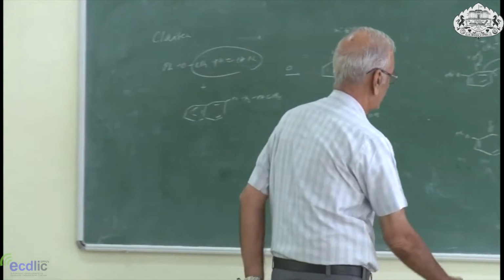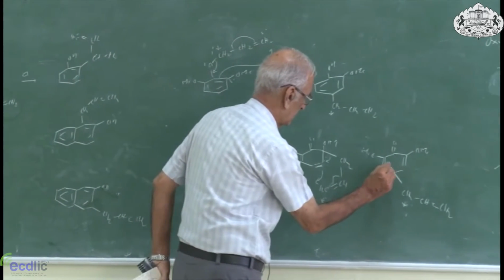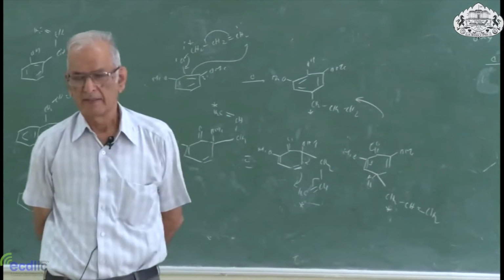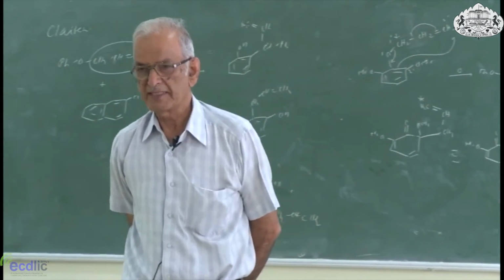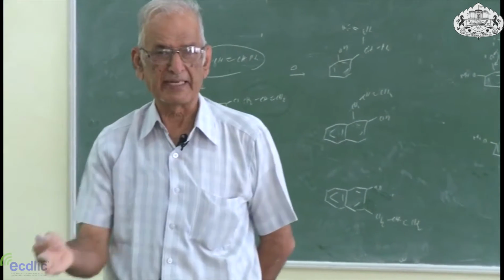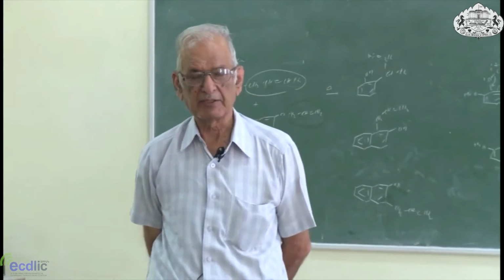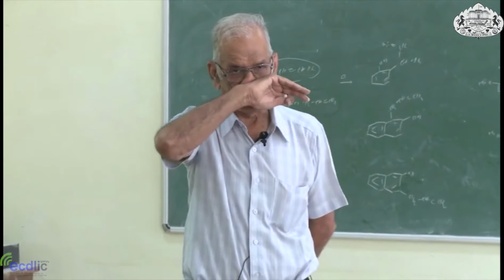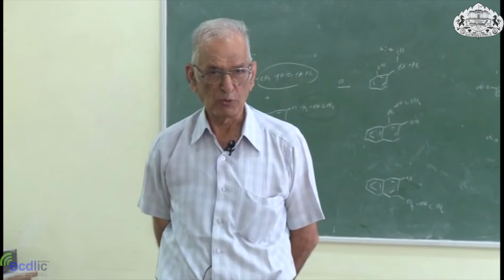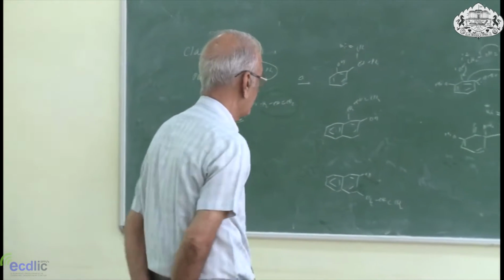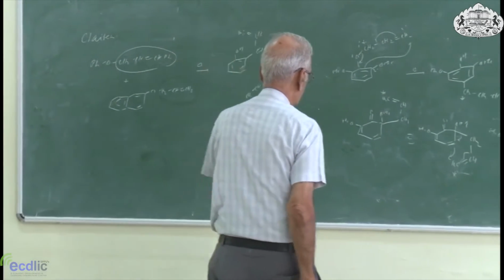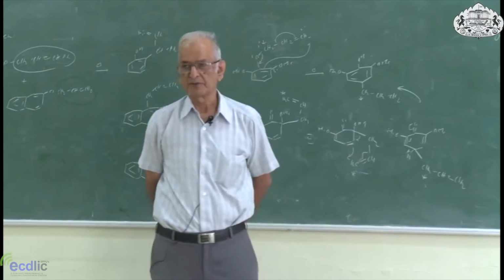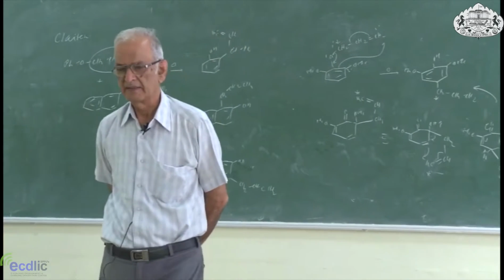So, the first step is a Claisen. It cannot become aromatic because both ortho positions are substituted. So, that intermediate undergoes Cope rearrangement. When it undergoes Cope rearrangement, now there is a suitable hydrogen to become aromatic.